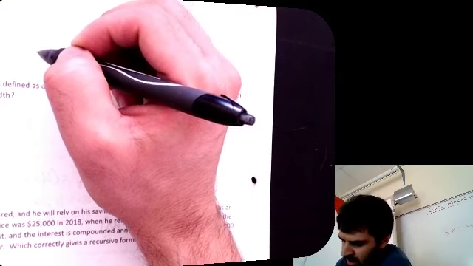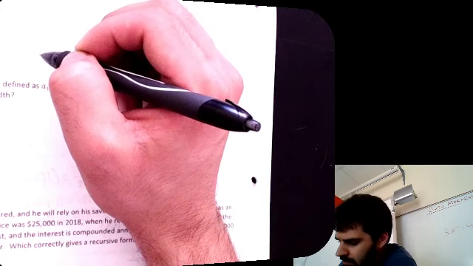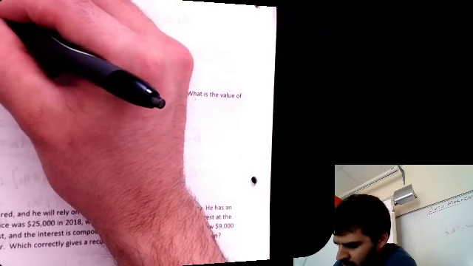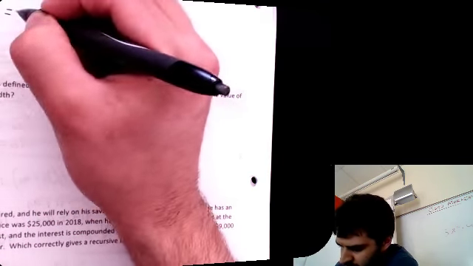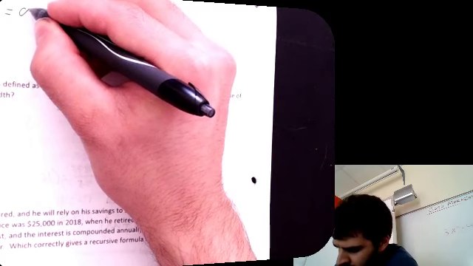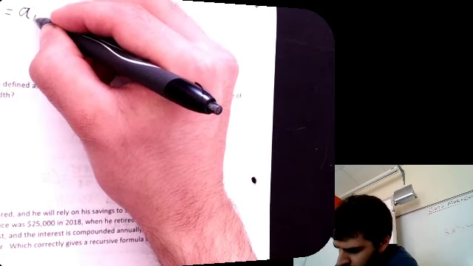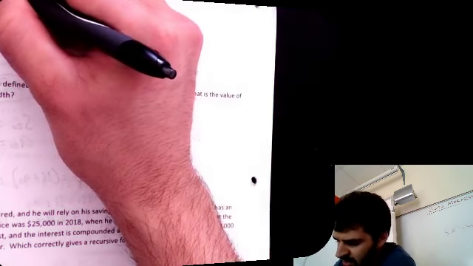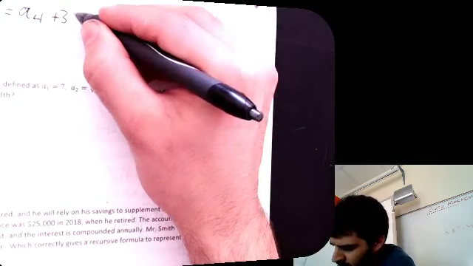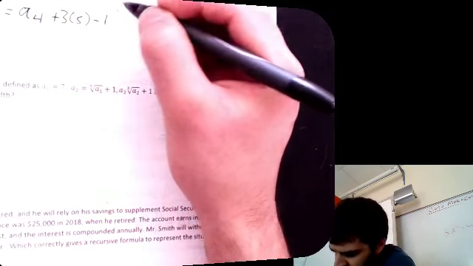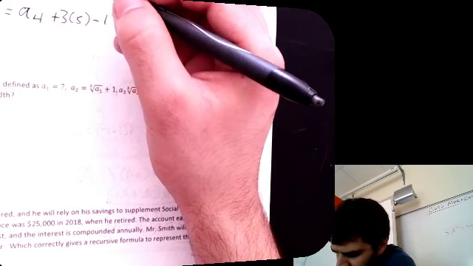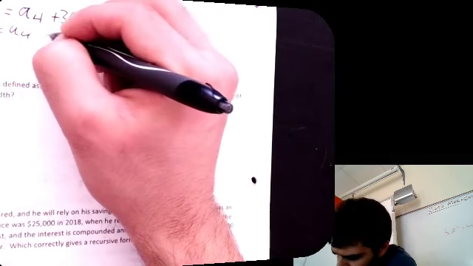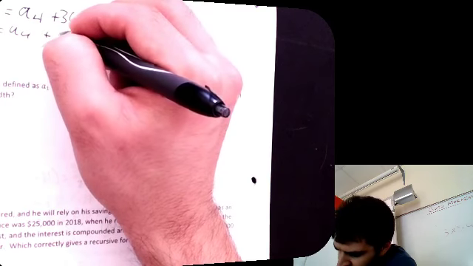But that means that we can also say that 407 is equal to a_4 plus 3 times, a_5 is the 5th term, so that means n equals 5, 3 times 5 minus 1. So that means that 407 is equal to a_4 plus 15 minus 1, which is going to be 14.